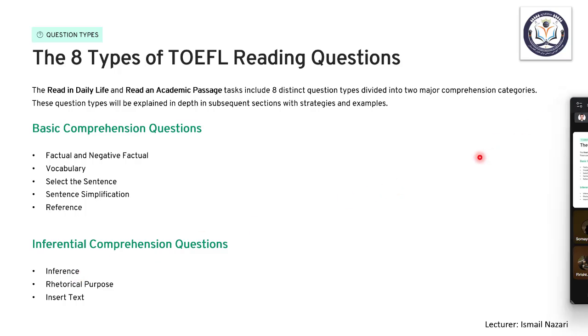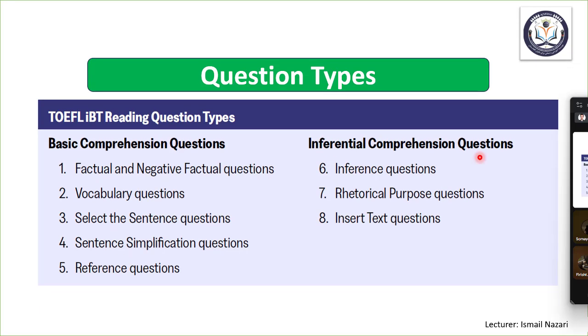Now let's get into each one separately. Let's dive into, first of all, the factual information question, which is part of the factual category. We have reviewed the 8 question types.